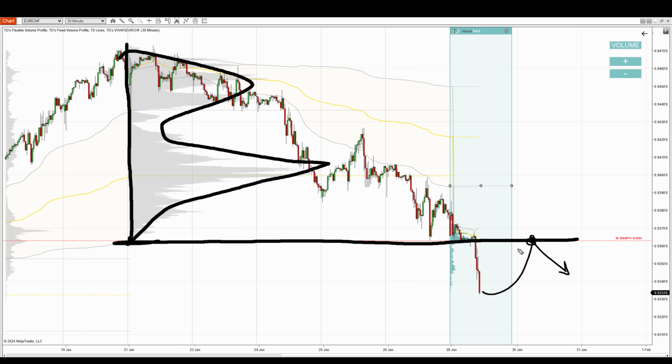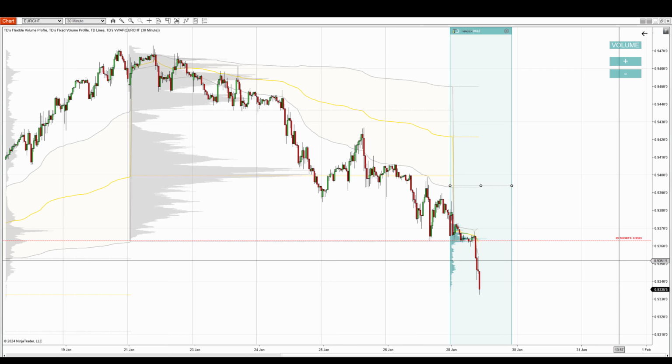All right, so all those things are pointing me to this level. So what we need to do now is just wait for that pullback, and if it occurs, then we can take it from there.